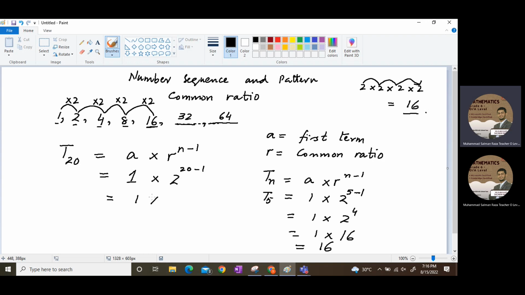So 1 multiplies by 2 to the power 19, and we need to solve that. How are we going to solve it? 2 to the power 19 means 2 will be multiplied 19 times.